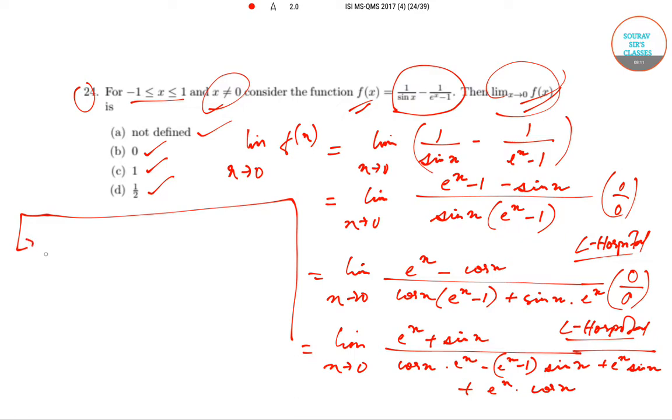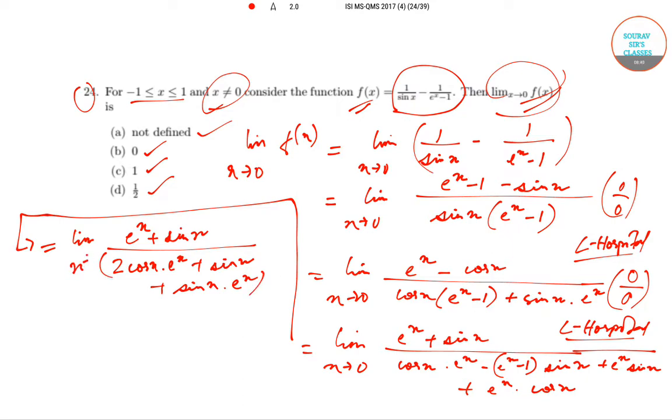When we simplify, the numerator is e to the power x plus sin x, and the denominator will come down to 2 cos of x e to the power x plus sin of x into e to the power x.